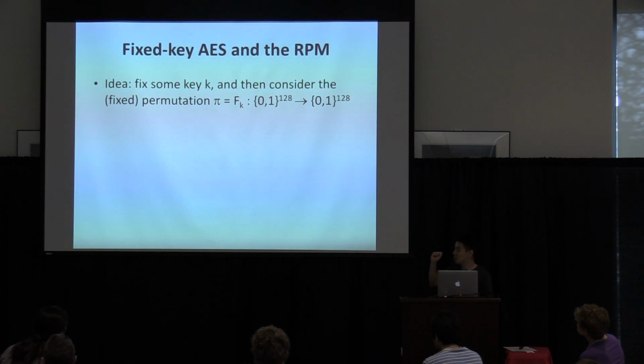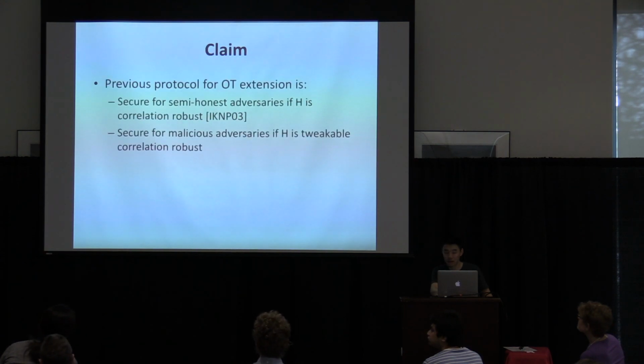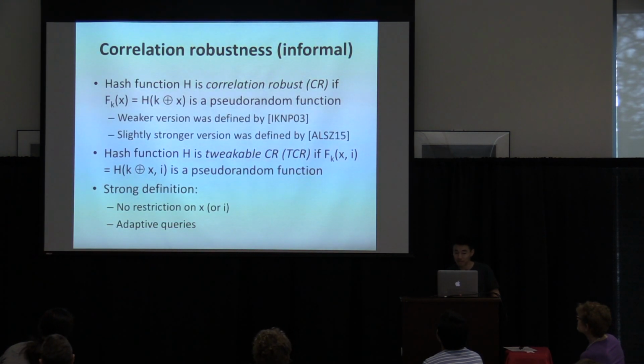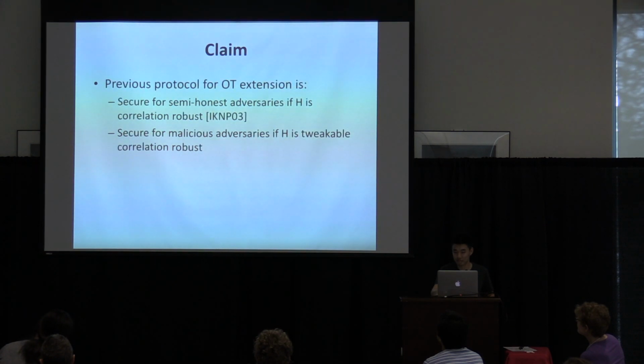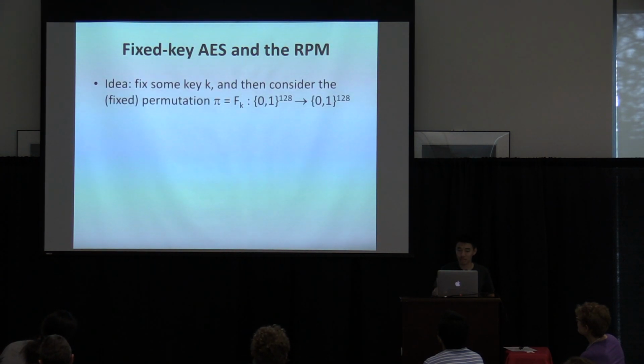So the idea is that essentially, if k is private, it's a pseudo-random function from 2k bits to k bits.